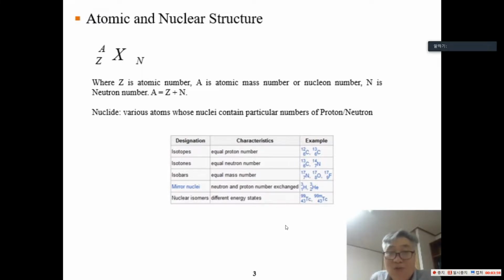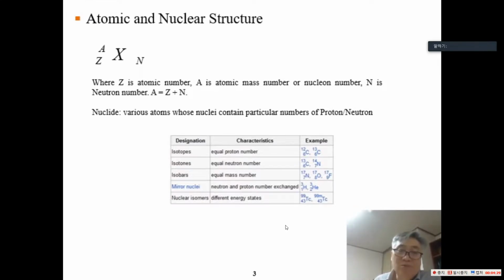Same place in periodic table. 주기율표에서 같은 자리에 있는 게 동위원소입니다. So isotope means equal proton number. So the sequence of periodic table is given by number of proton. So that means C12 and C13 is in the same place. That means 동위, 같은 위치. So we call it isotope.